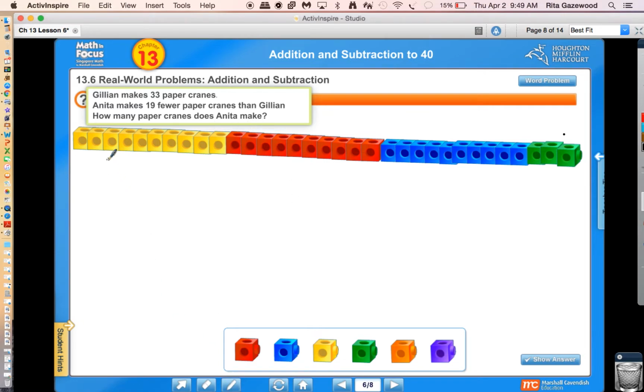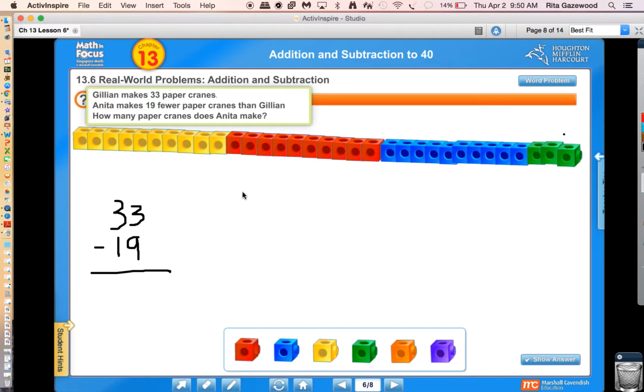This time I'm going to write my problem as an algorithm. 33 minus 19 equals. When we solve this, we're going to take away the 19 fewer to find out how many Anita made.